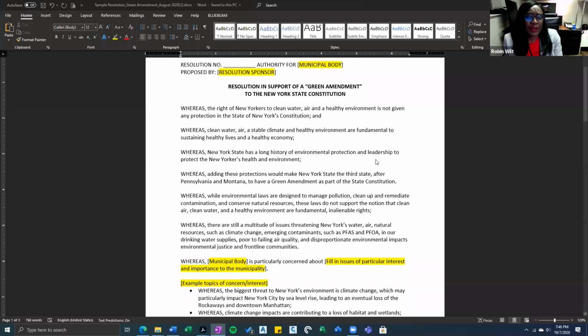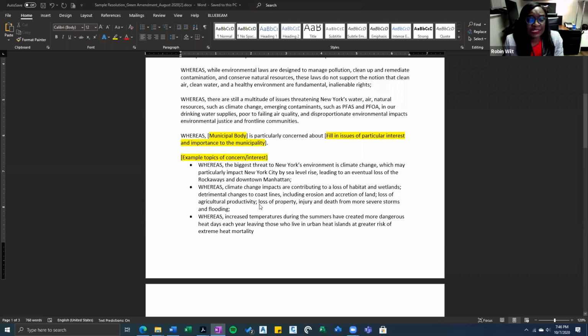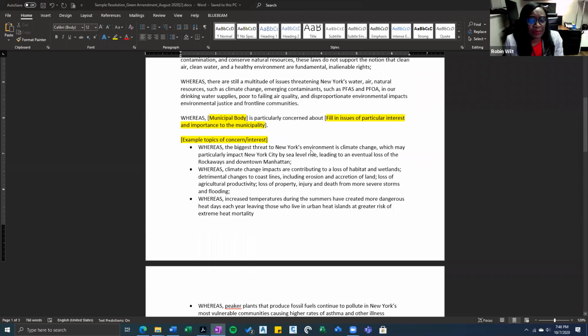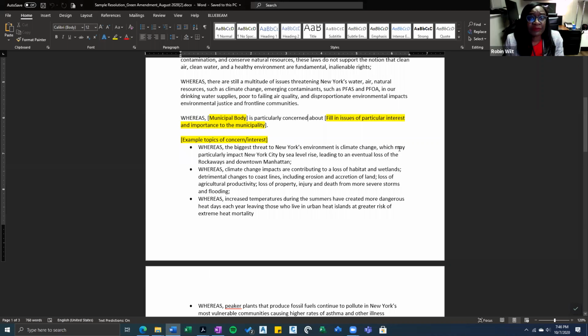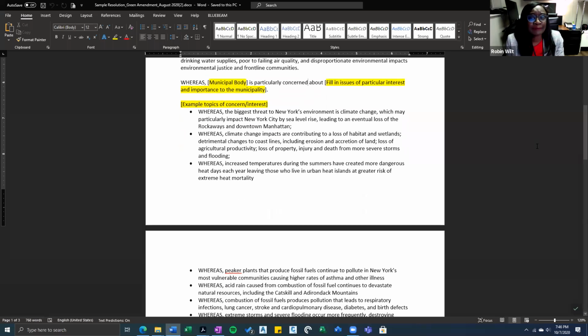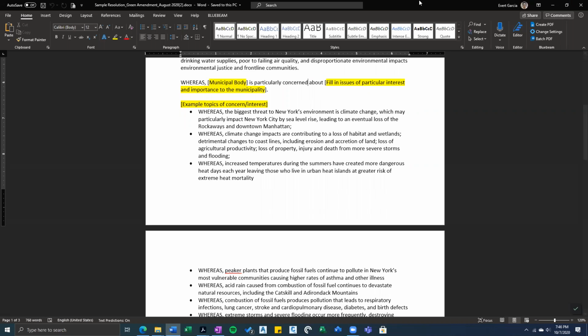So among those whereases will be that type of background information, but Ken Gordon, our town attorney, felt very comfortable with the language in the sample resolution. So it would very closely mirror this. And so if the SOC is in support, I would just ask that you also write a letter basically saying that you would support the town board passing a resolution in support of the Green Amendment. Sure. Cool, thank you.